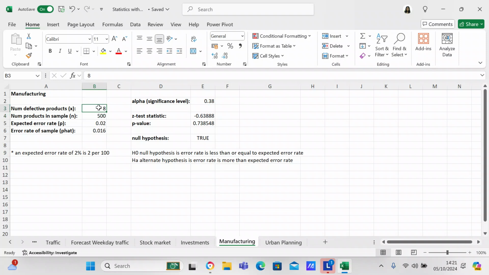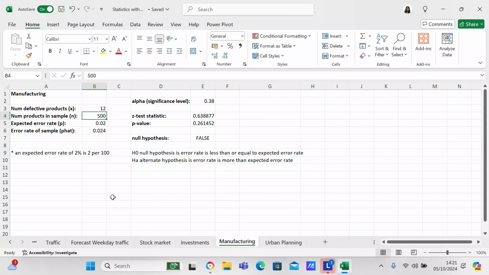But let's just check. We've got 12 defective products. So 12 defective products gives a p-value of 0.26, which is less than 0.38, which makes it false. Your null hypothesis is that the error rate is less than or equal to the expected error rate, and the alternate hypothesis is that the error rate is more than the expected error rate.